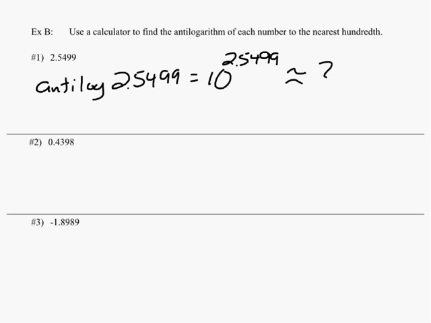So it's about 354.73. So nearest 100th, 100th would be 2 decimal places.